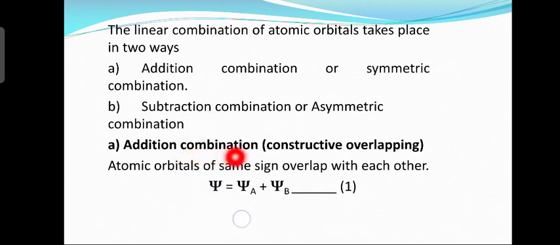First, let us take addition combination. It is also called constructive overlapping. Atomic orbitals of the same sign overlap with each other. Atomic orbitals Xi A and Xi B combine: Xi is equal to Xi A plus Xi B. Let it be equation number 1.